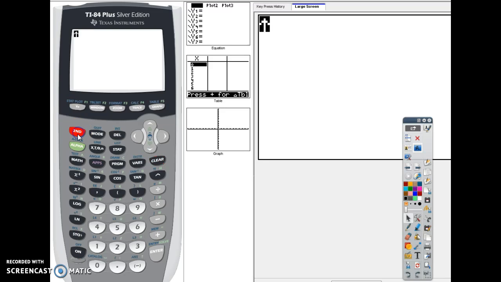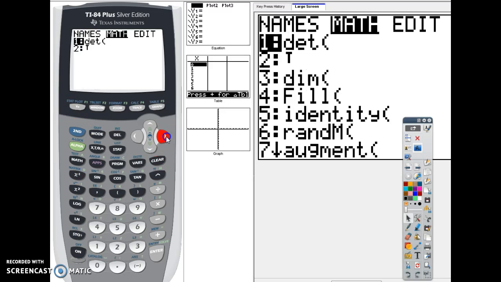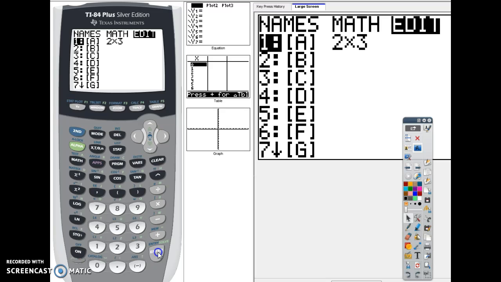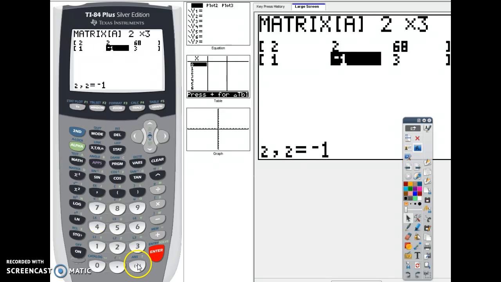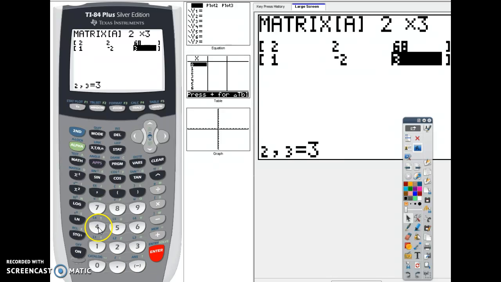So I have second matrix, arrow over to edit, enter. Make sure that it's a 2 by 3, so 2 enter, 3 enter. Mine was already there. And put the numbers in there. So I have 2 enter, 2 enter, 68 enter, because that's 2L plus 2W equals 68. And then I have 1L enter, negative 2 enter, and 4 enter.